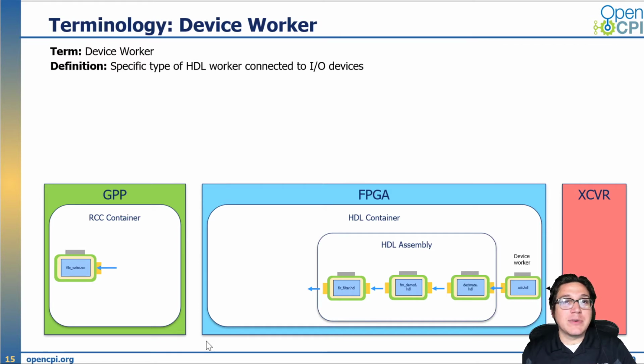The job of an HDL platform developer is creating device workers. We have a set of device workers that handle the communication between the transceiver and the FPGA, and those device workers are created in the container. There's the HDL worker XML, a special type of worker, so it uses the same worker XML.